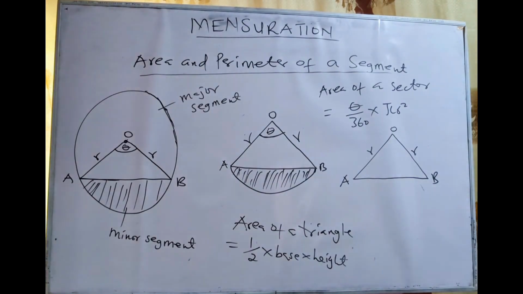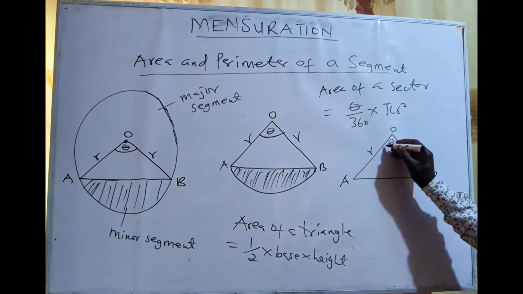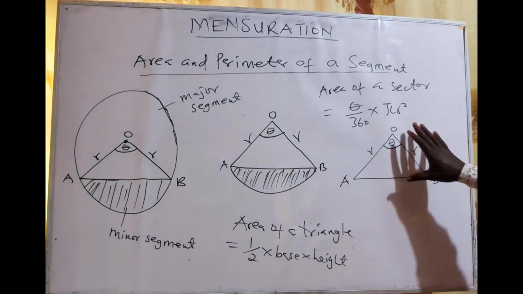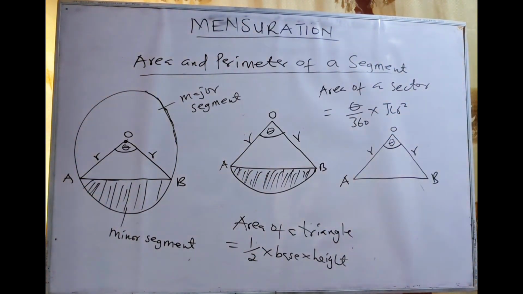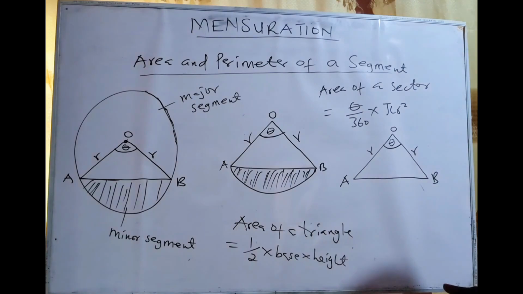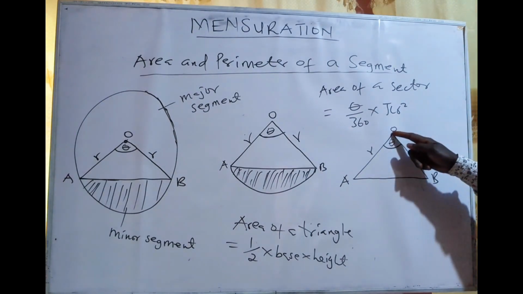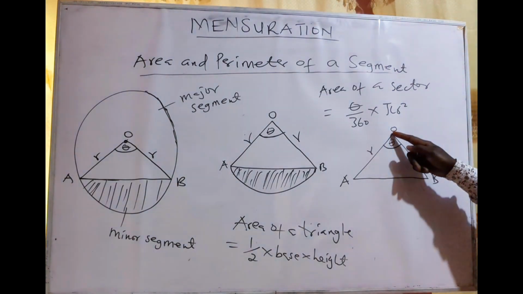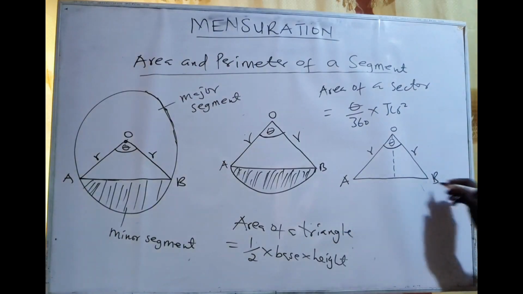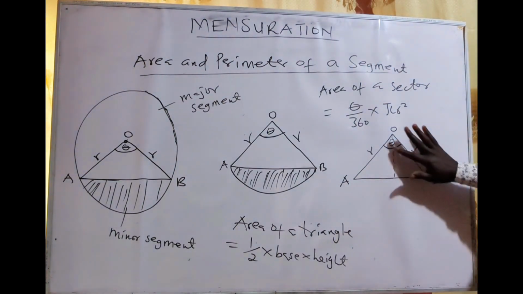If I look at this particular triangle here, I have my center here as my theta. Any side of the triangle can be the base. The base of the triangle is determined by where your height is. If I draw the height from here, down here, then AB becomes my base.